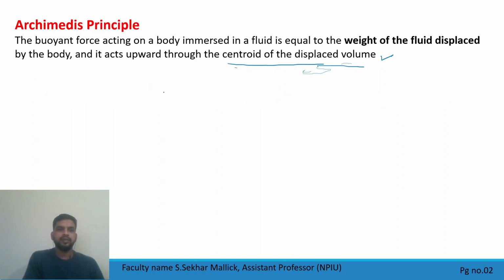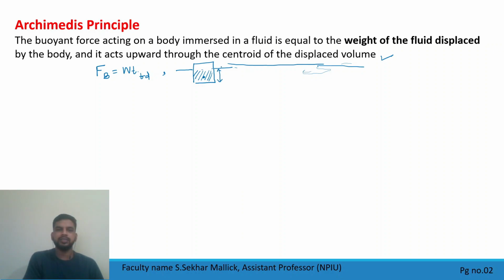So can I write buoyant force is equal to weight of fluid displaced, and its location is the center of buoyancy, the centroid of displaced volume. If this is a body and it is partially submerged, then how much amount is submerged? This amount. So the center of buoyancy will be the centroid of displaced volume.